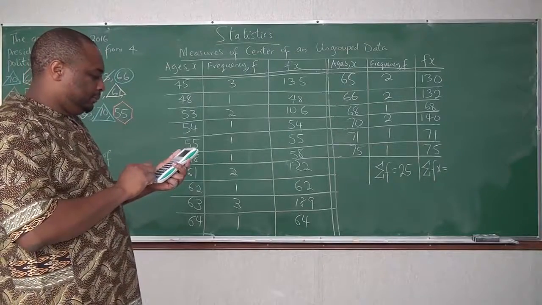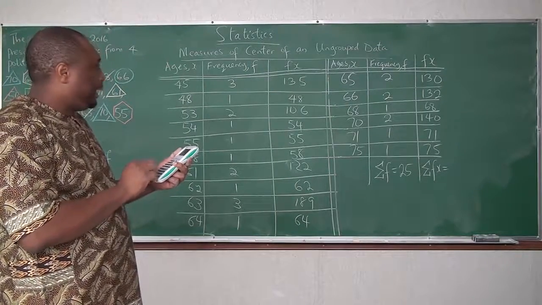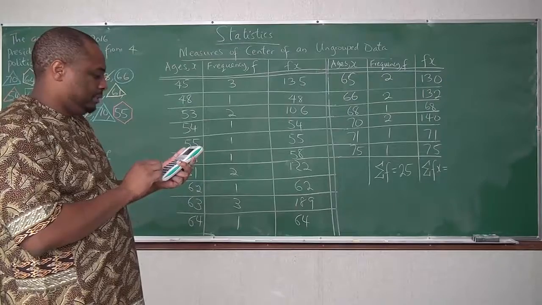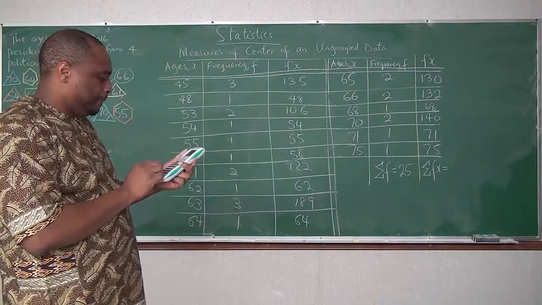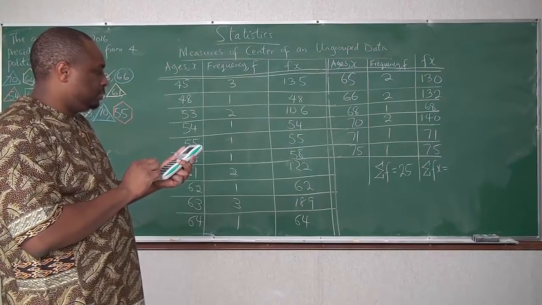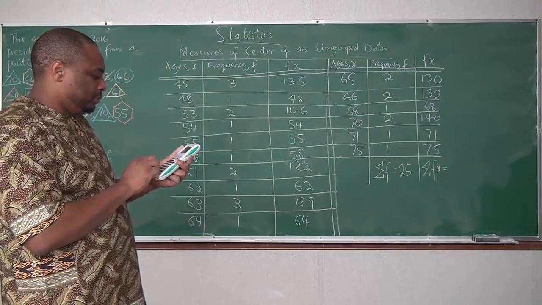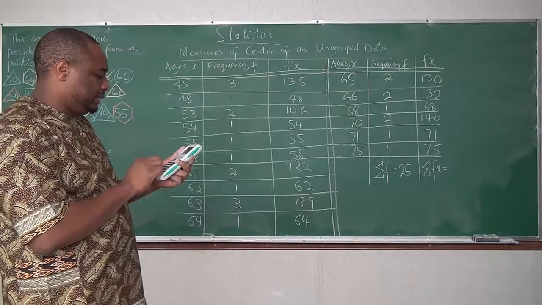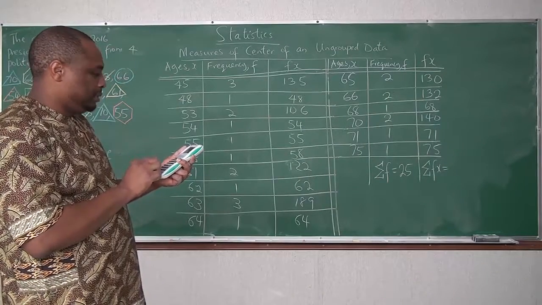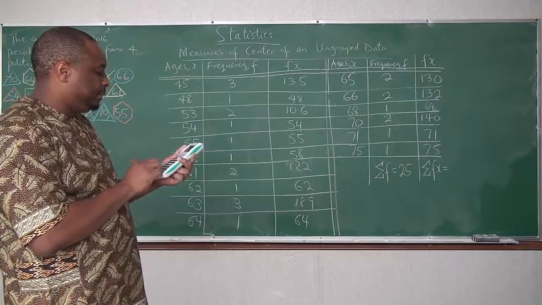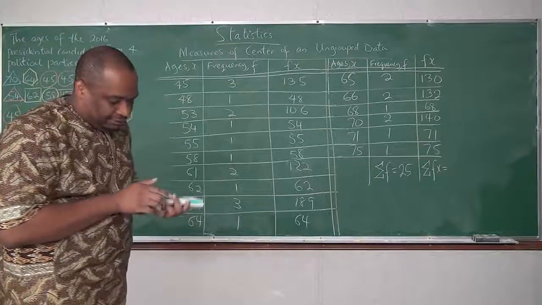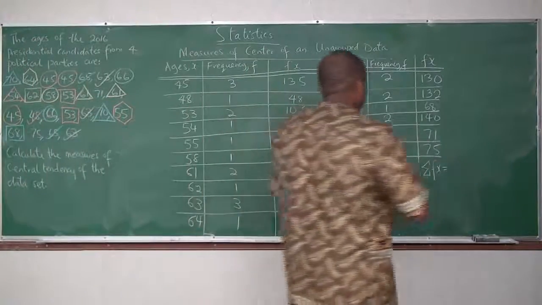So this is 135 plus 48 plus 106 plus 54 plus 55 plus 58 plus 122 plus 62 plus 189 plus 64 plus 130 plus 132 plus 68 plus 140 plus 71 plus 75. And that gives us 1509.